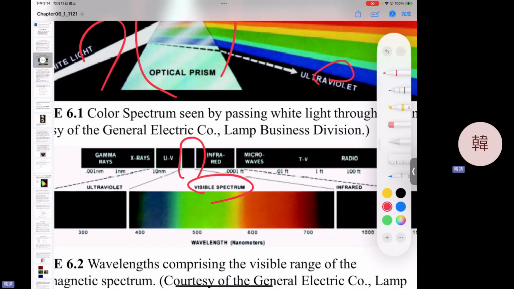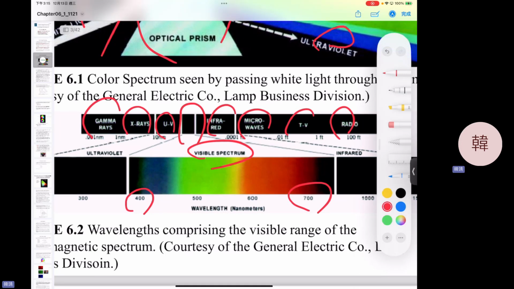The wavelengths are from 400 nanometers, blue, to 700 nanometers, red. Most of the other frequency components, like radio, TV, microwave, infrared, ultraviolet, X-ray, and gamma ray, you cannot see with your eyes.